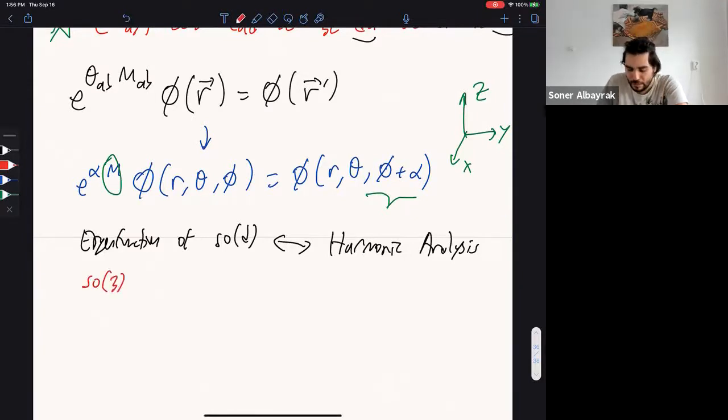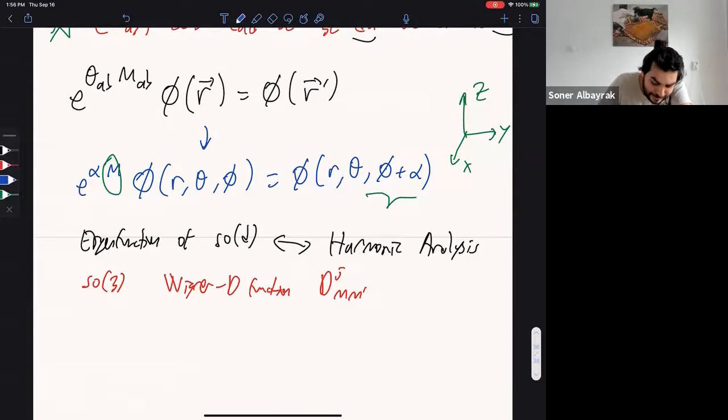Now, in the case of SO(3), the relevant functions are Wigner D functions, denoted by D, J, M, M prime. These details are not important. Please don't ignore them if you don't understand them. If you consider the quotient of SO(3) to SO(2), then this becomes the spherical harmonics.